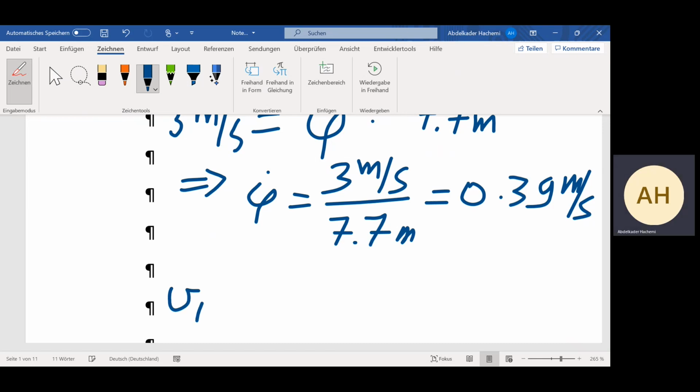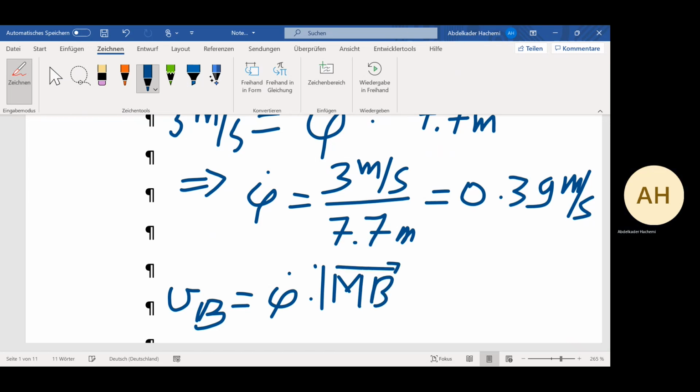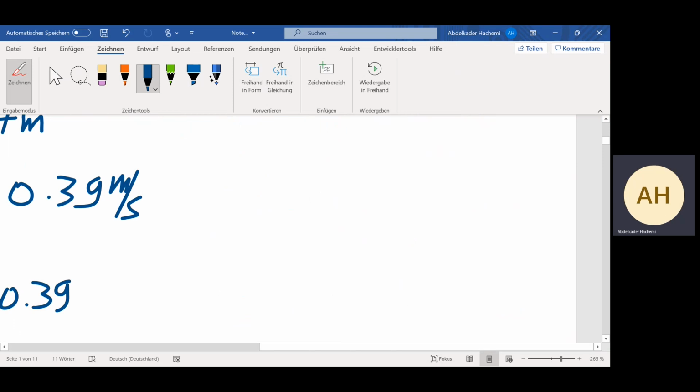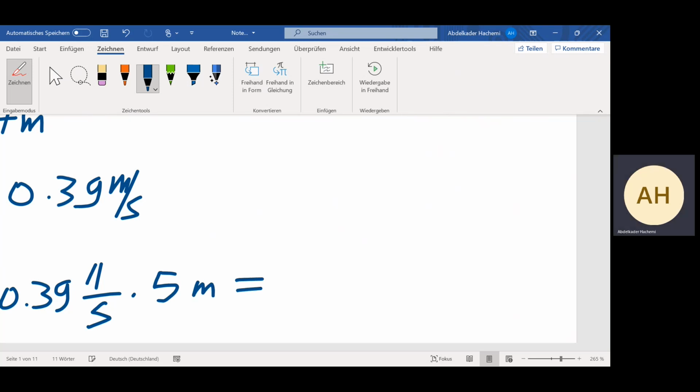VB can also be calculated by phi dot multiplied by MB, and here we get 0.39 1 divided per second multiplied by 5 meter, and you will get 1.95 meter per second.